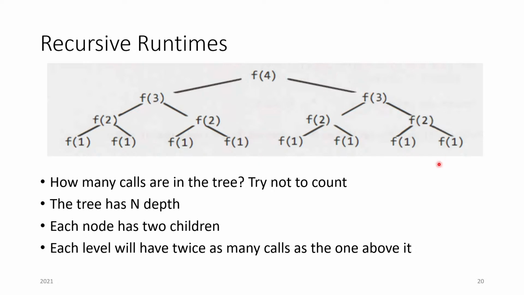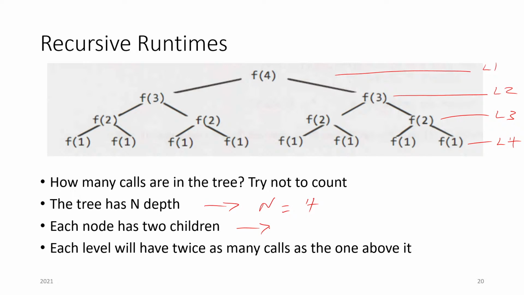So if I just illustrate this, here is L1, this here is L2, L3, and L4, where L stands for levels. So our levels represent the depth of the tree. The depth here is n, where n is equal to 4.